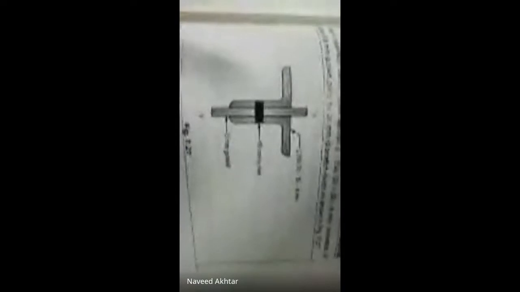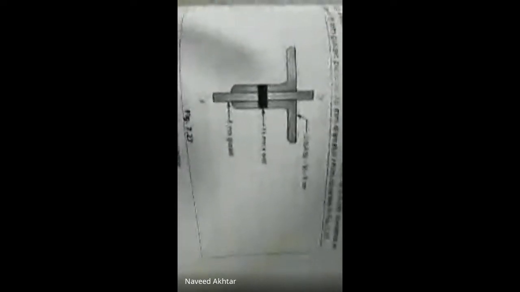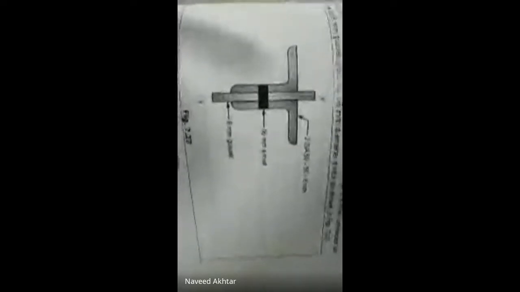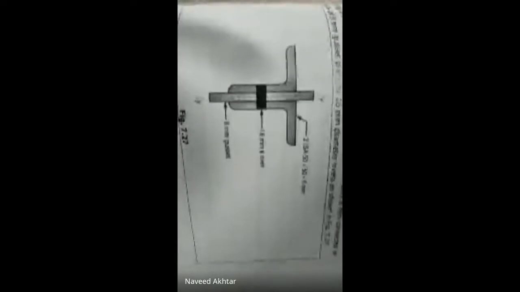With the gusset plate, we are joining the two members, angle member, unequal or equal, as per your loading condition. So here we are providing this.